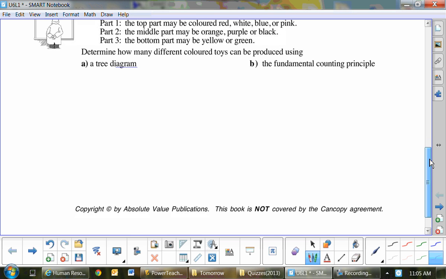Now you've got to plan ahead of time because these are going to be big. So you want to spread out the first one. There's 4 options. We've got red, white, blue, or pink. This is part 1.